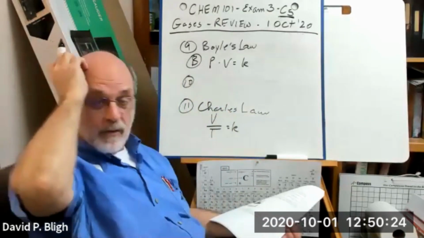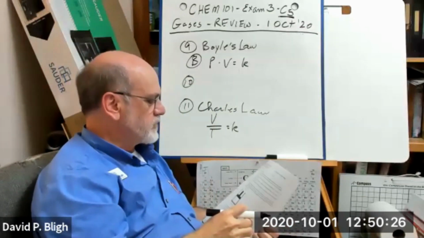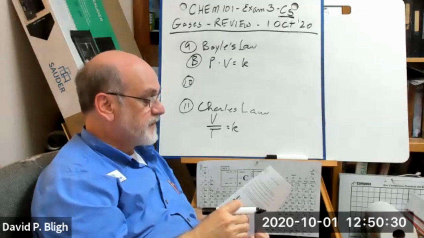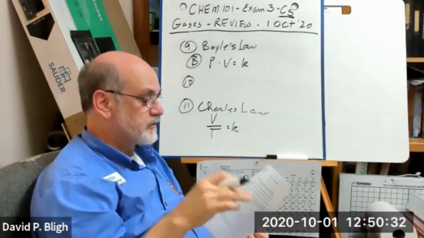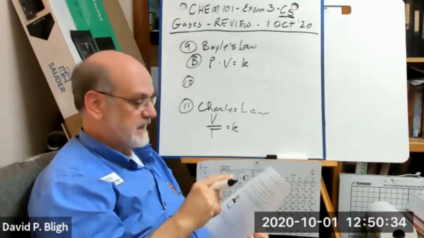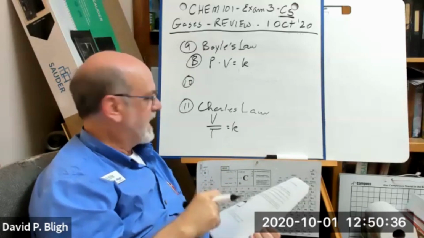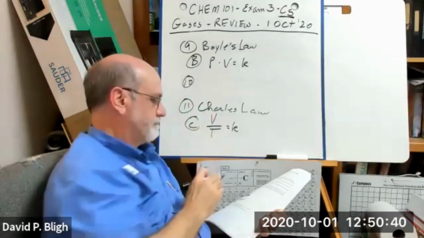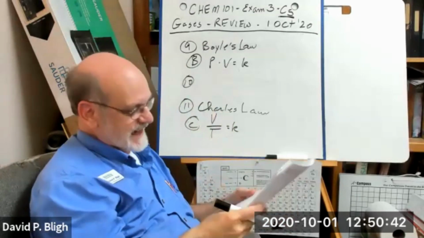So they're directly proportional. So if we look at our choices, the volume of a fixed amount of gas is directly proportional to its temperature in Kelvin at constant pressure. So that's C. Okay. Then I go back to 10.